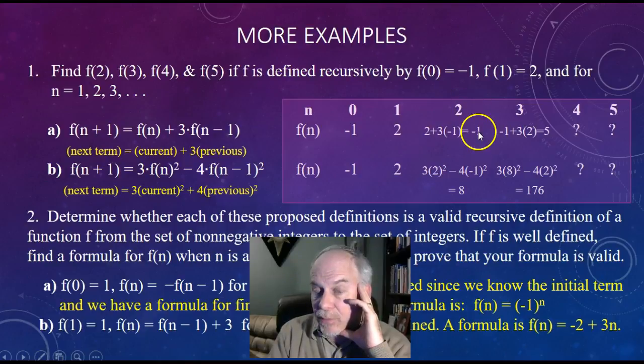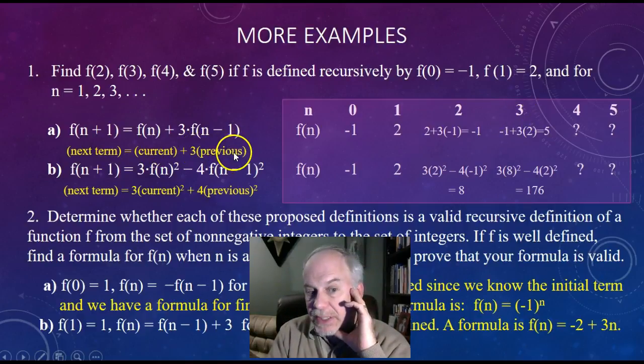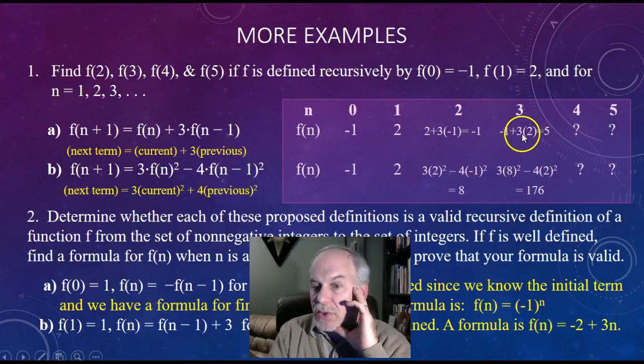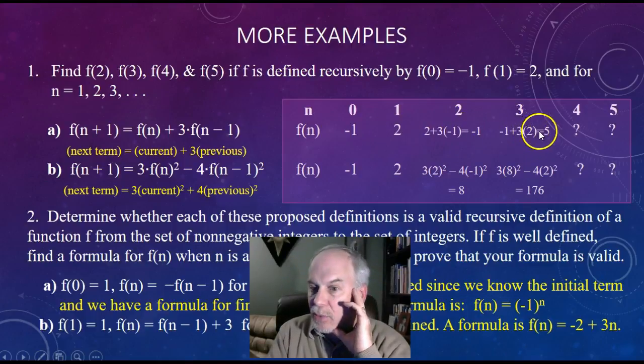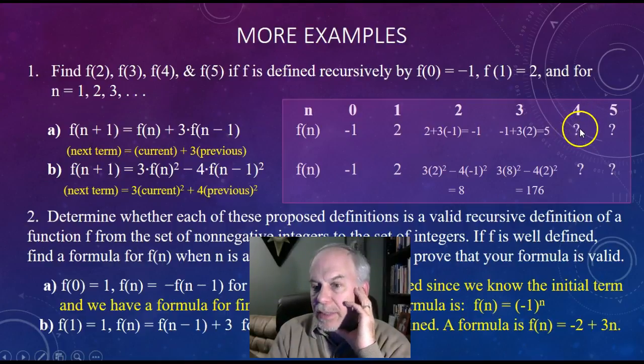You get -1. Now, in the next case, we again take the current term plus 3 times the previous term. So the current term is -1 plus 3 times the previous term. Now the previous term is 2, so -1 plus 6, and that comes out to 5. All right. So see if you can figure out what the fourth term would be.